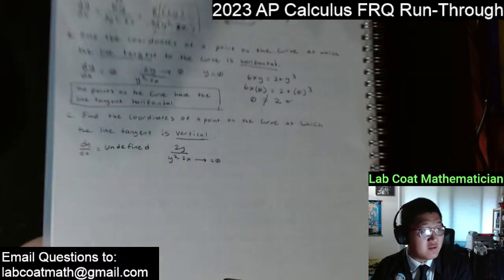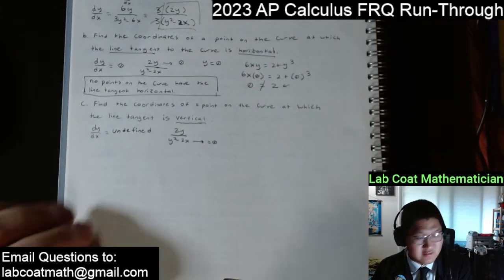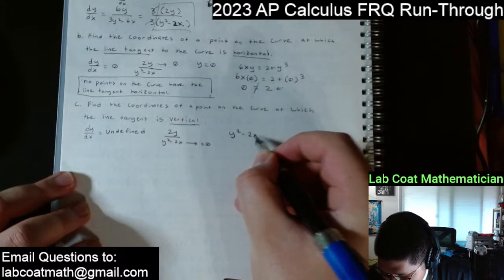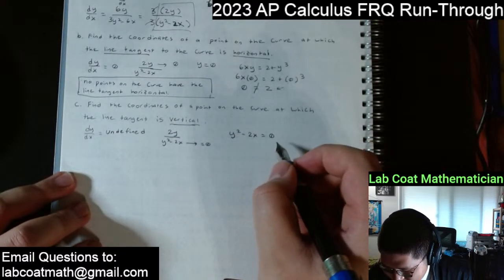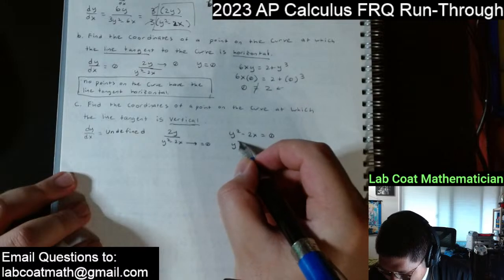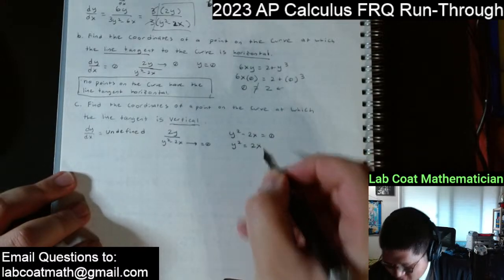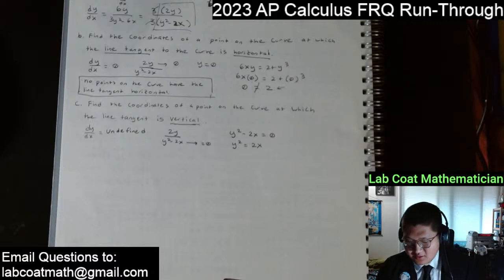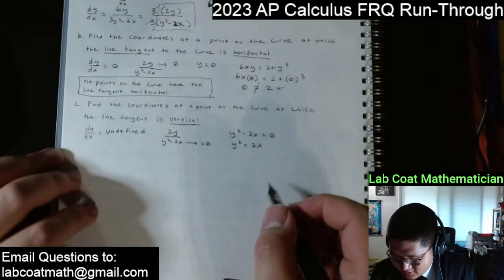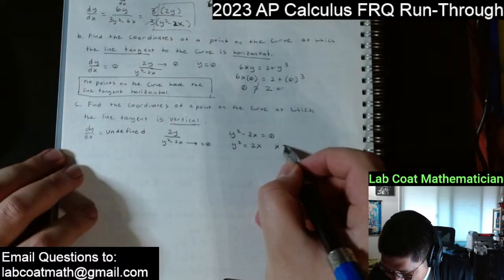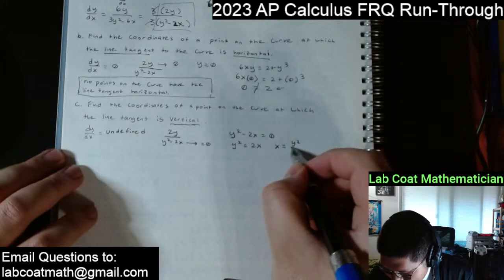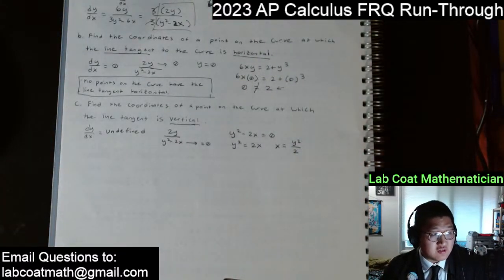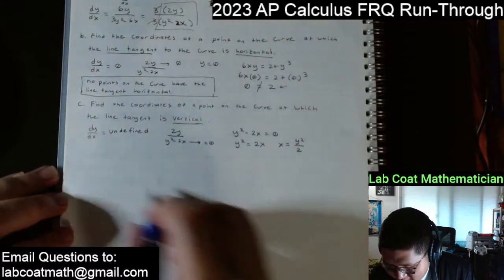So we must show that y squared minus 2x is equal to 0 first, meaning that we have the relation that y squared is equal to 2x. So if that were the case, we can put through that x must be equal to y squared over 2, and we can start looking at some possible solutions for this part of the graph.